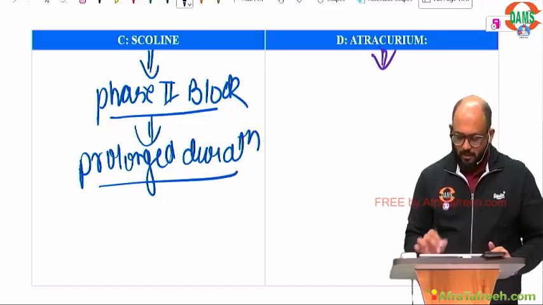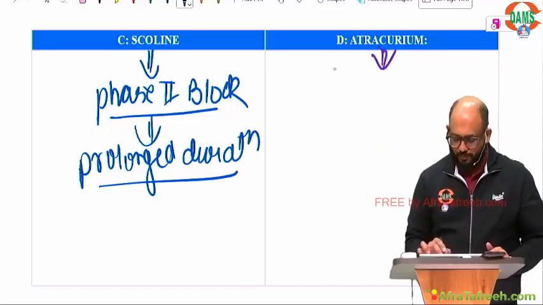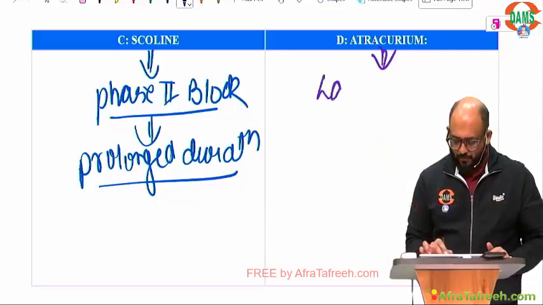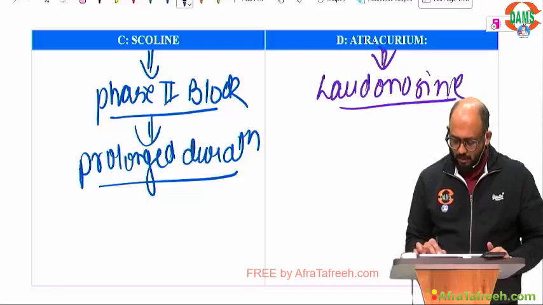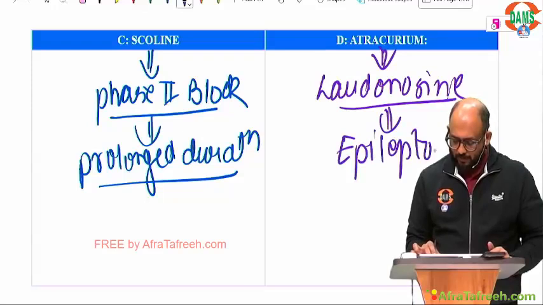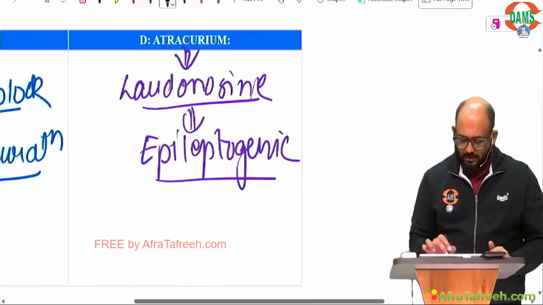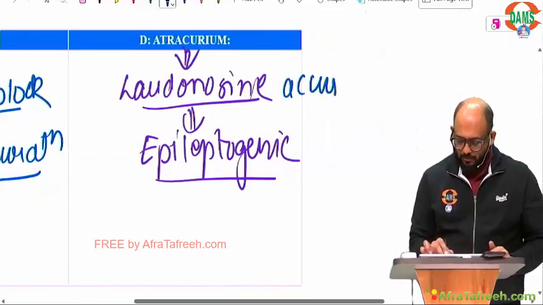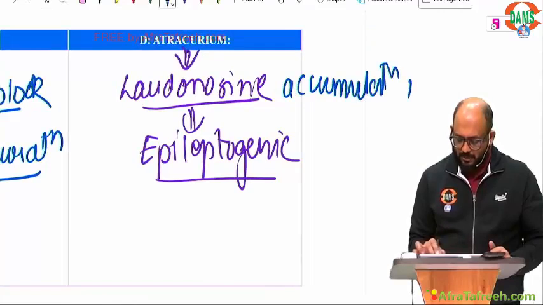Atracurium, when you put a long-term infusion, causes production of laudanosine, which can be epileptogenic. Does it happen normally? No. When there is laudanosine accumulation, which happens in renal failure.